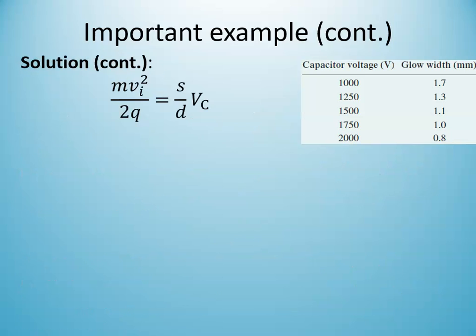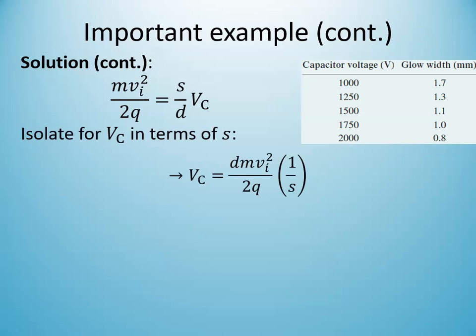So we multiply both sides by little d and divide both sides by S. When we do that, we recognize that the capacitor voltage is inversely proportional to the glow width. Of course, what we're really doing is changing the capacitor voltage, but in any case, if we increase the capacitor voltage, we decrease the glow width.